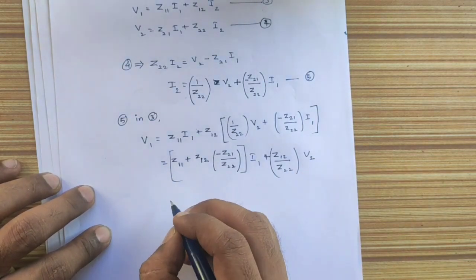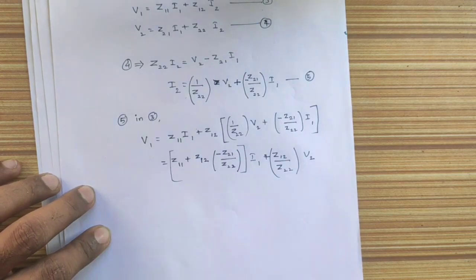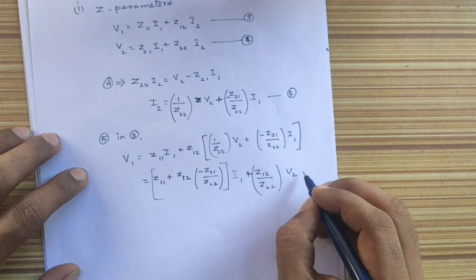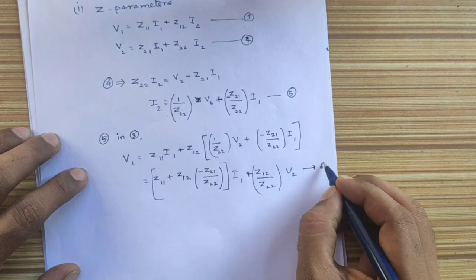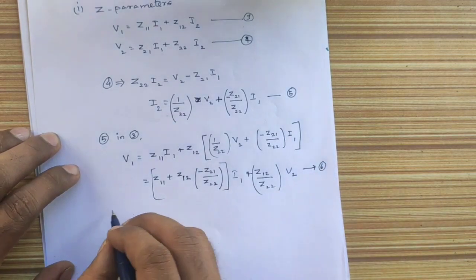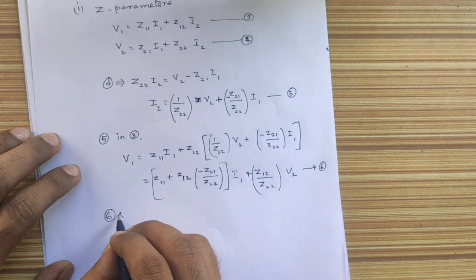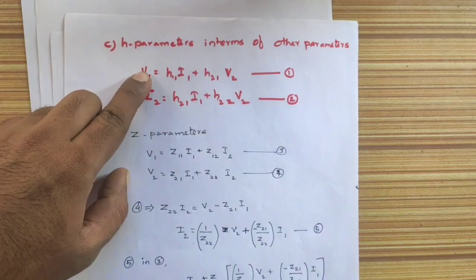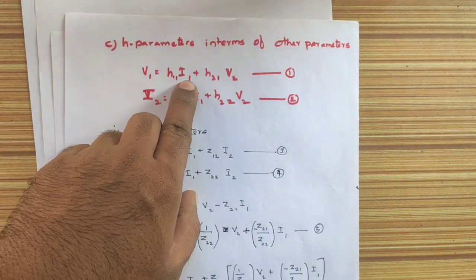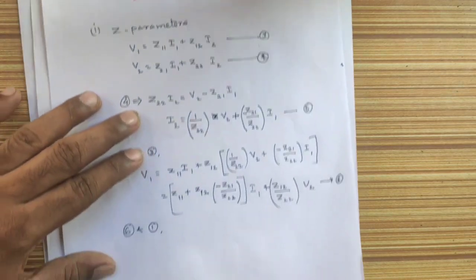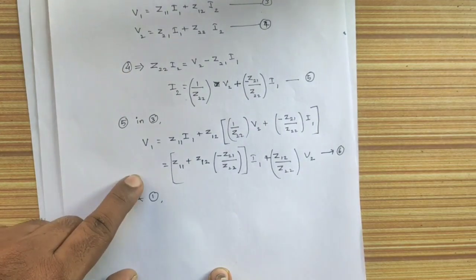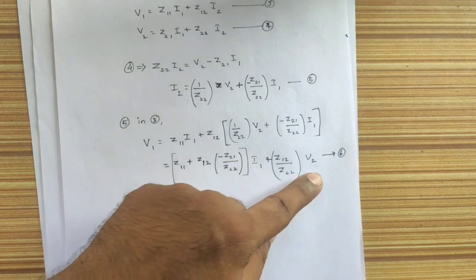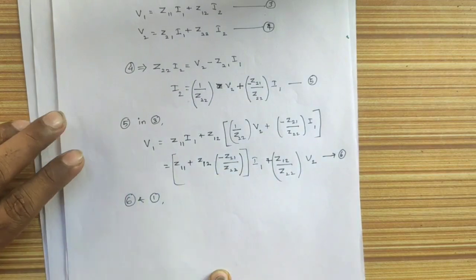Now I am taking this equation as number 6 and comparing equation number 1 and 6. Equation number 1 is V1 equal to H11 I1 plus H21 V2 and equation number 6 is the same form, V1 equal to I1 with some coefficient and V2 with some coefficient.